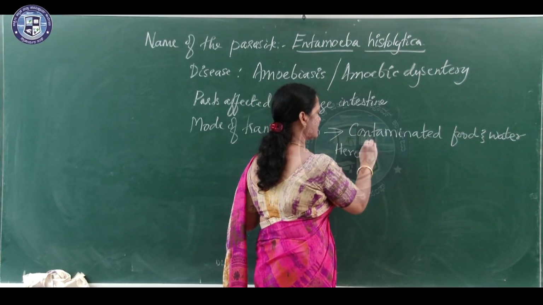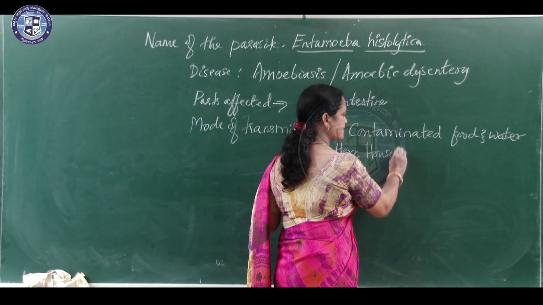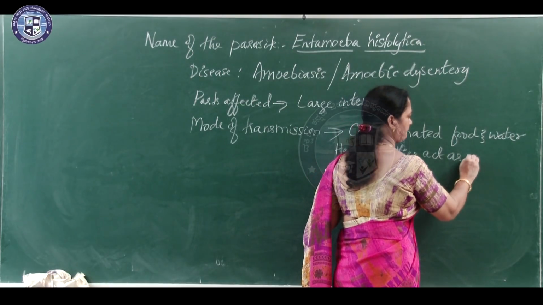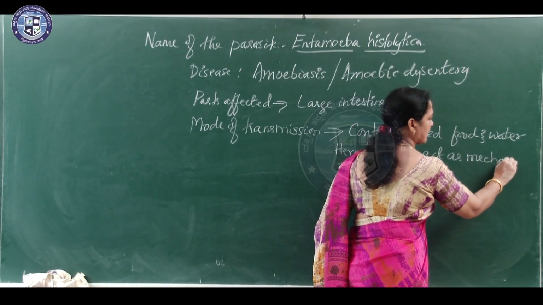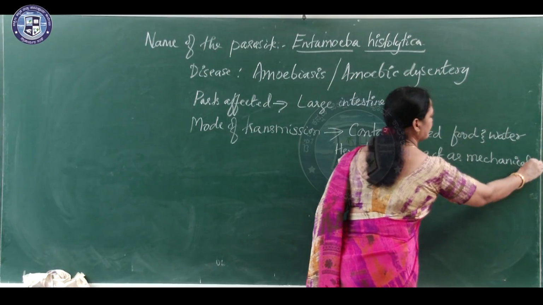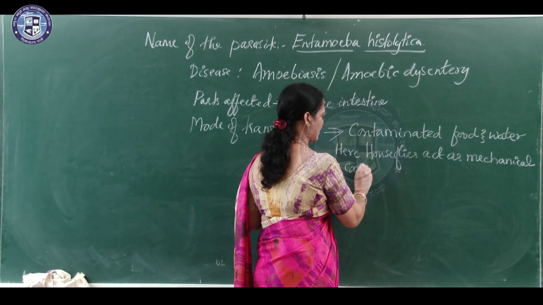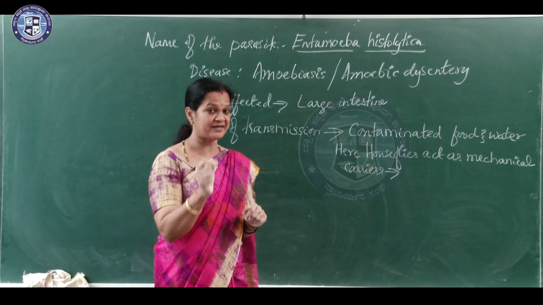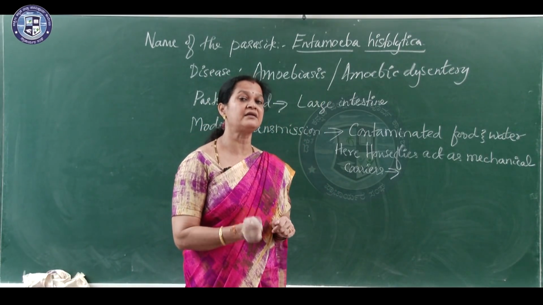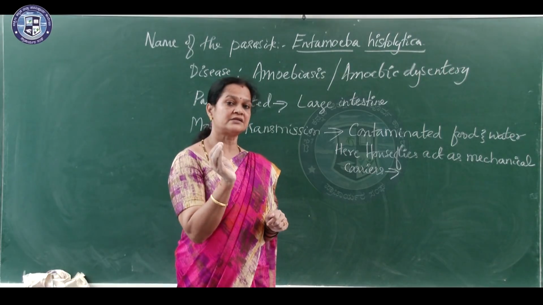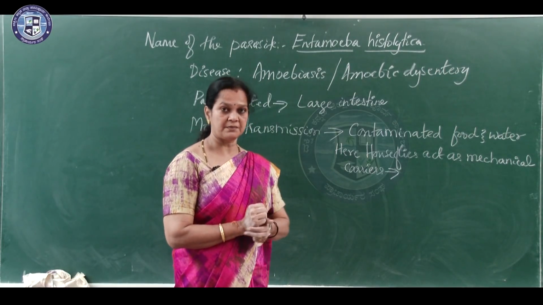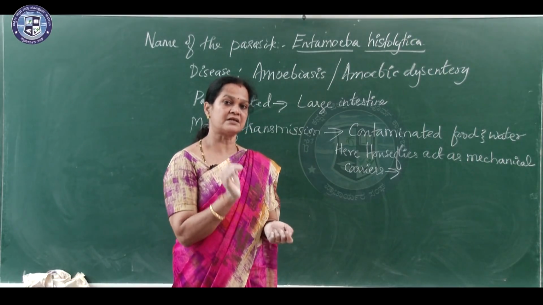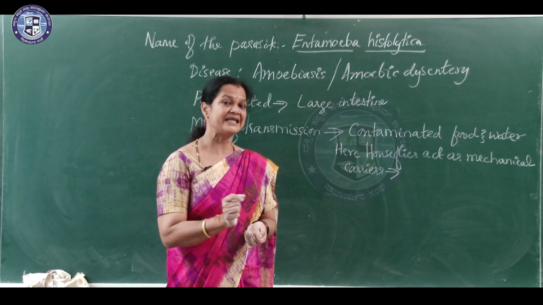Here, house flies act as mechanical carriers. That means it is not a vector, just a mechanical carrier. They carry the cyst of amoeba and help in the transmission of this particular infection.